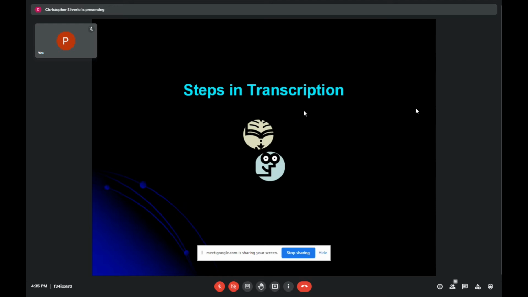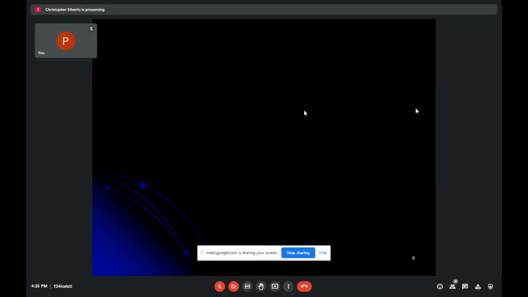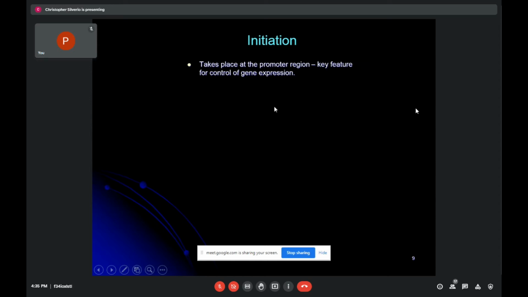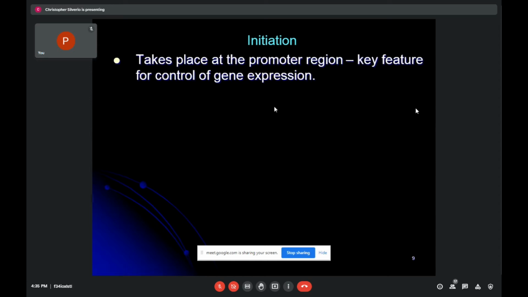What are the steps in transcription? Initiation. Initiation usually takes place at the promoter region. That is the initial start of the transcription process.